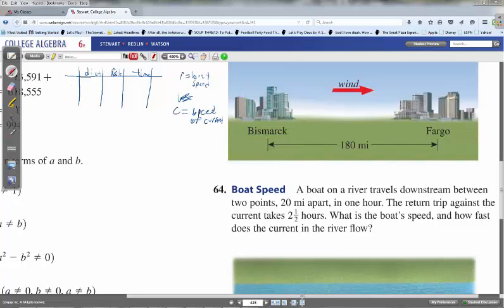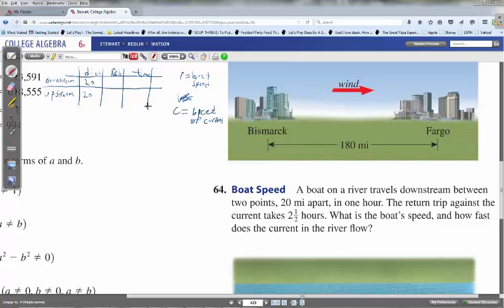So we get downstream, upstream. Downstream between 2 points, 20 miles apart, return trip, so it's the same distance both times, 20 miles.